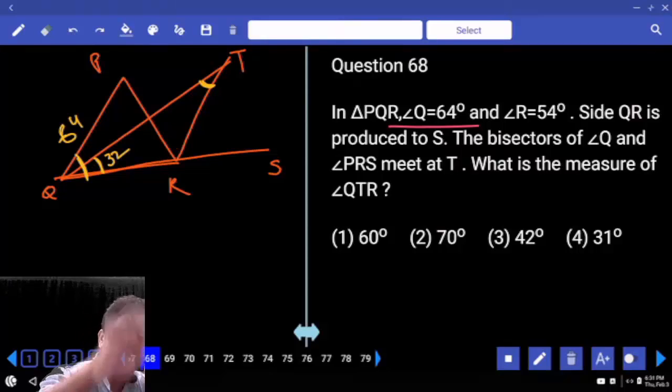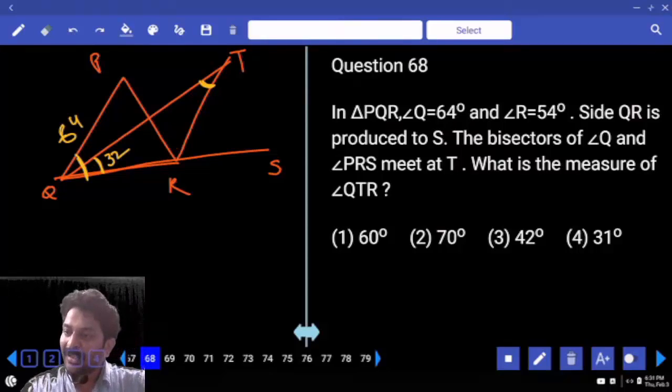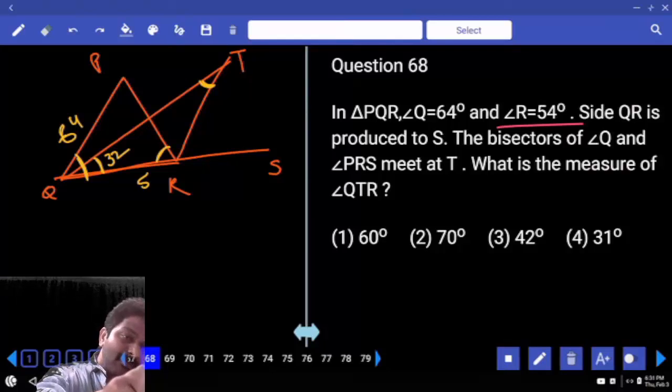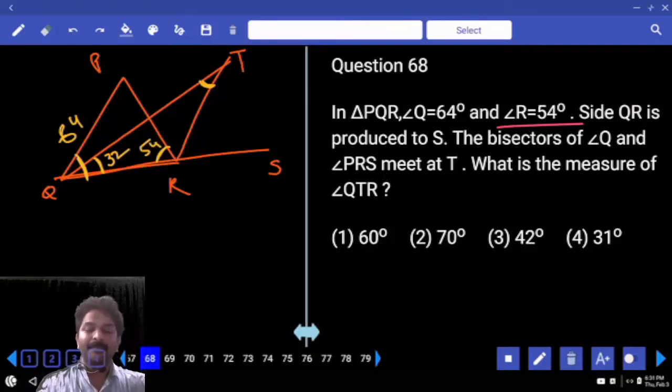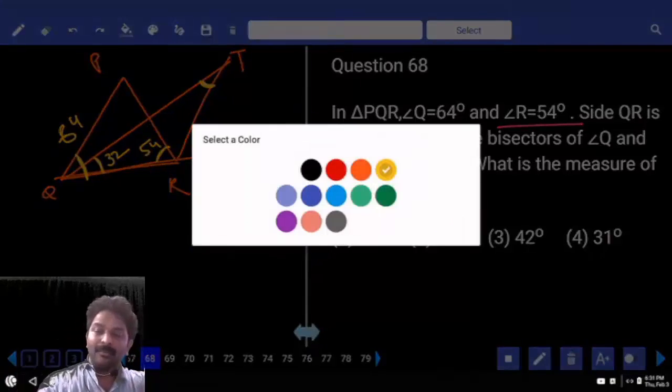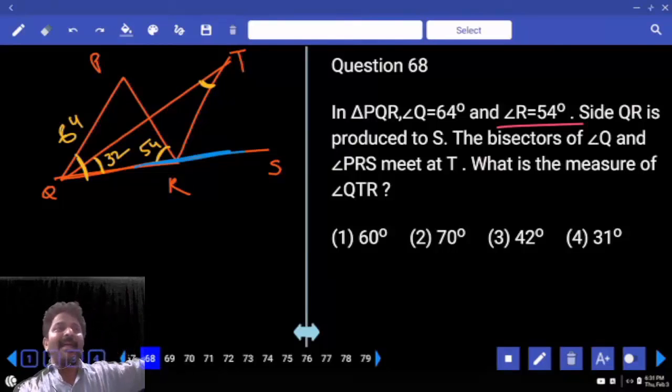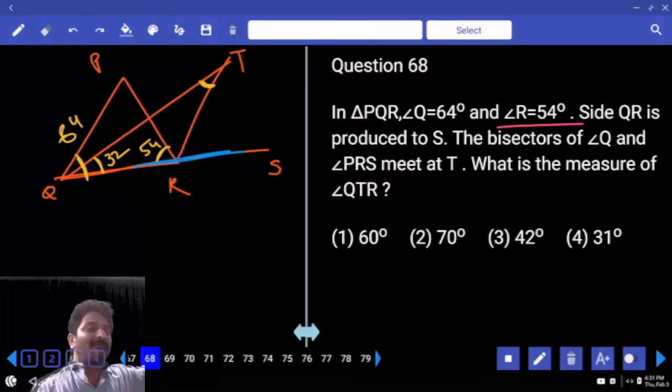Yes. Now let's see. For triangle PQR, angle at R is 54. That means this is 54. Do you understand? Okay. Now, blue color. This is a straight line. Already the angle at R for triangle PQR, one side we have 54 degrees, right?